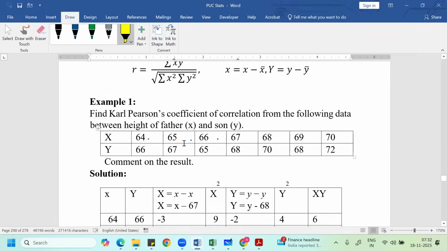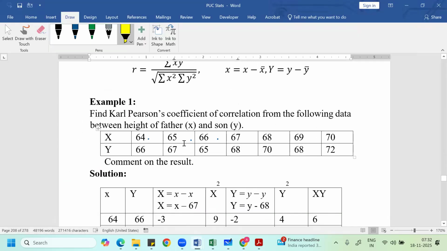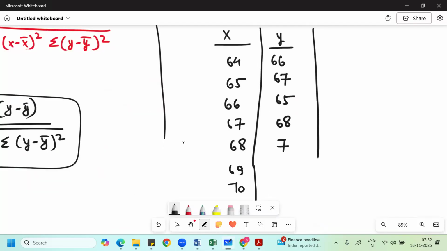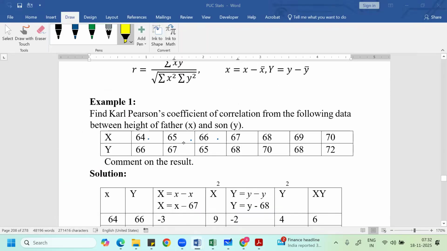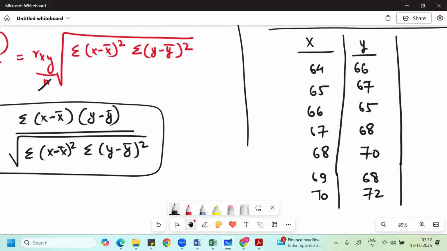And the height of son: 66, 67, 65, 68, 70, 68, 72. So here the height of father and son is given to us.